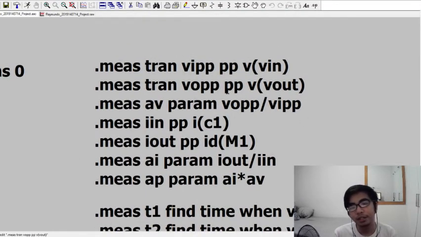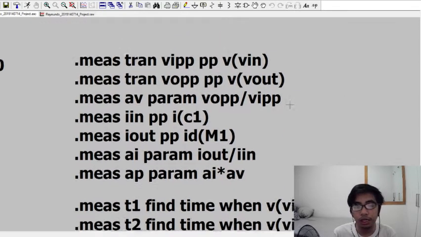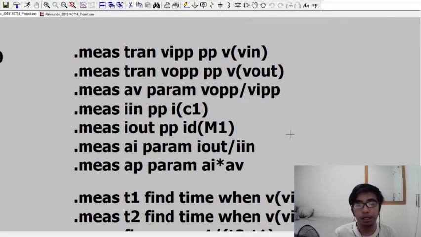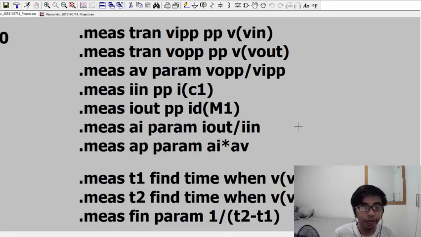First, measure the transient V in peak to peak, and likewise for V out peak to peak. To solve the average voltage, the parameter is V out peak to peak divided by V in peak to peak.